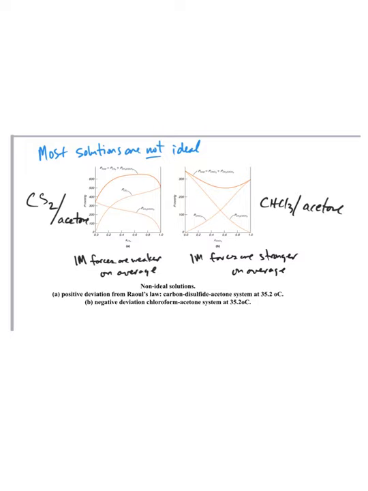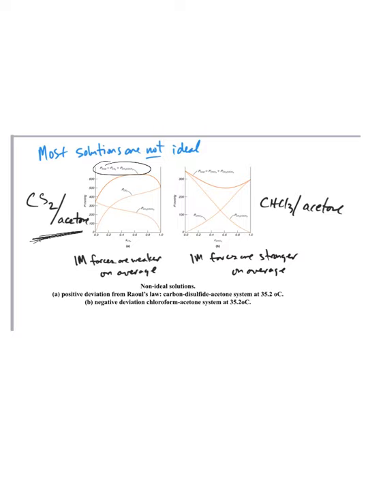So most solutions, however, are not ideal. Here we have what's called a positive deviation from Raoult's law and a negative deviation from Raoult's law. Look at this mixture on the left. Carbon disulfide and acetone has a positive deviation from Raoult's law. What this means is that the mixture is going to have a much more volatile vapor than you would have predicted if it was ideal.